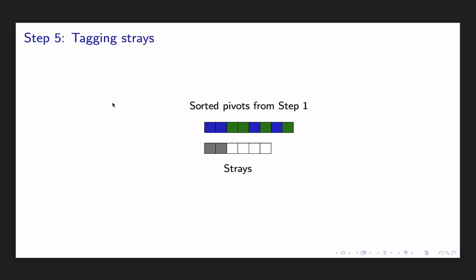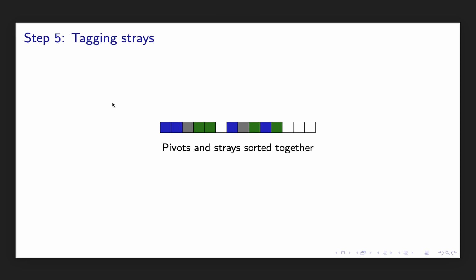And our next step is to reinsert the strays back into the original list into a position close to where they need to be. Here's how we're going to handle that. We take the list of sorted pivots that we saved from step 1, and this lower list of strays and dummies. Then we sort the pivots and the strays together, and we can do this efficiently because there aren't too many pivots and there aren't too many strays, so we can use an n log n sorting algorithm.